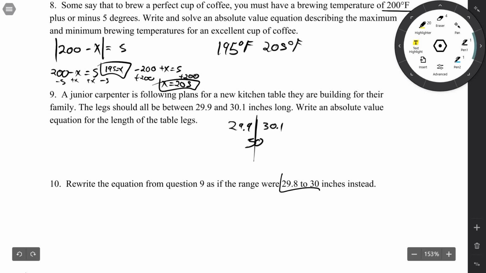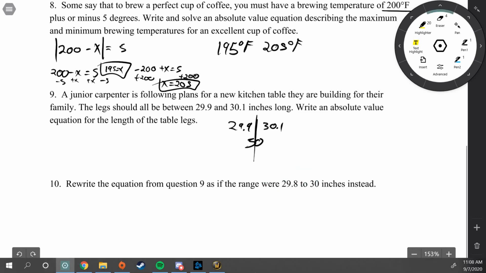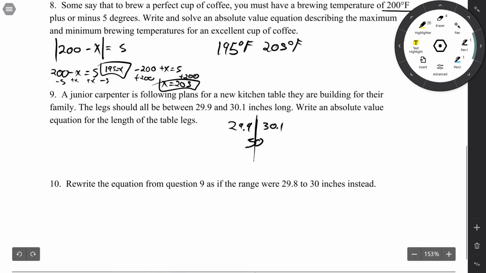When you're dealing with two slightly different numbers, like the one down here, we'll see the equation change very slightly. But if the maximum distance is just 0.1, we know that whatever we have in this absolute value bracket, the distance is going to be 0.1. Now we just need to figure out what to put in the middle.